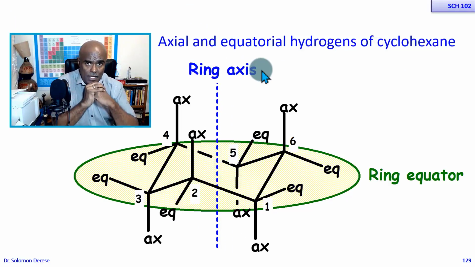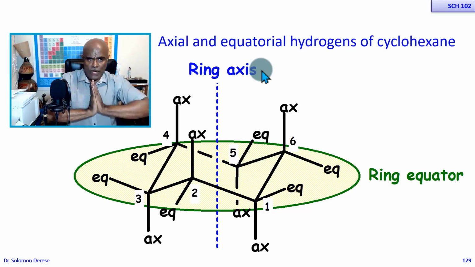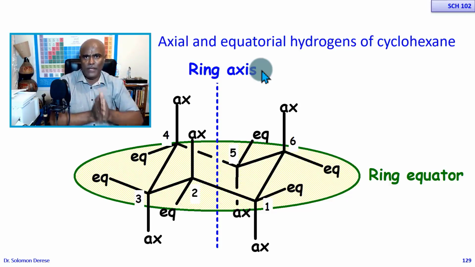You remember, in the case of cyclobutane, I demonstrated to you that as the ring flips, the axial substituents become equatorial, the equatorial become axial. The flipping of the ring, that rapid equilibrium between the two flipped forms of the ring, is a natural phenomenon that cannot be avoided.